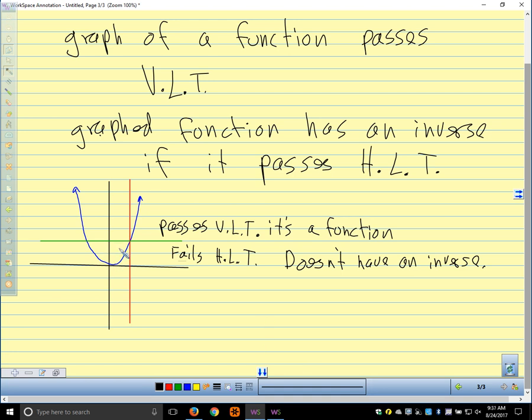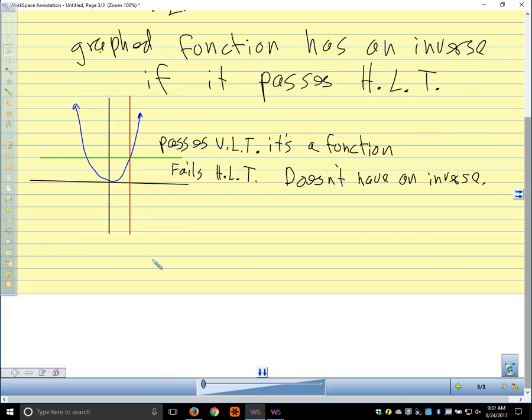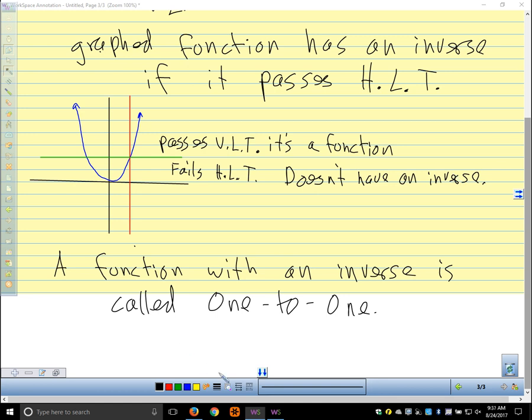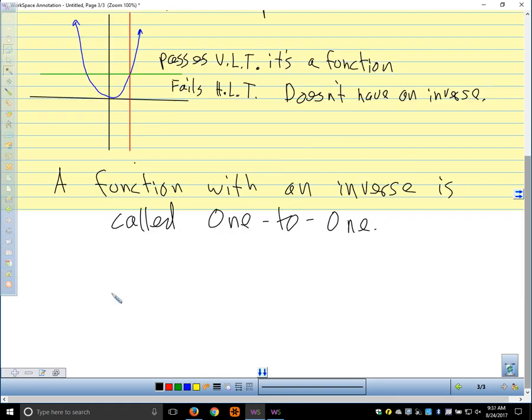A function with an inverse is called one-to-one. What that means is, if we look at a table of values, we have no repeated x's or y's.